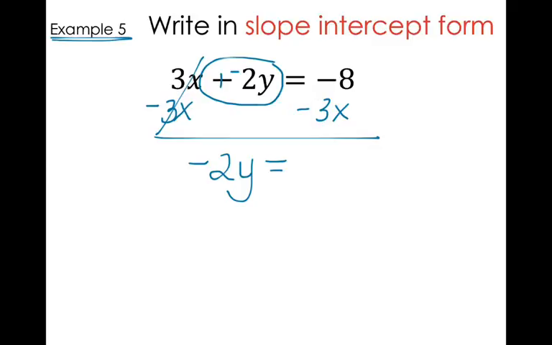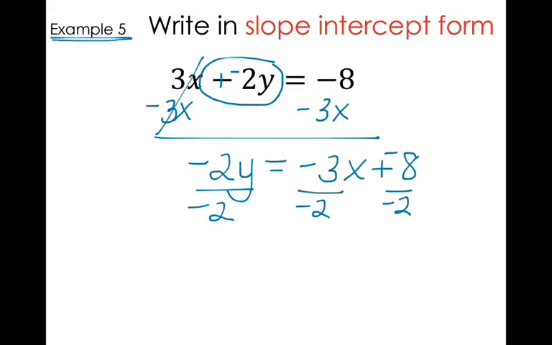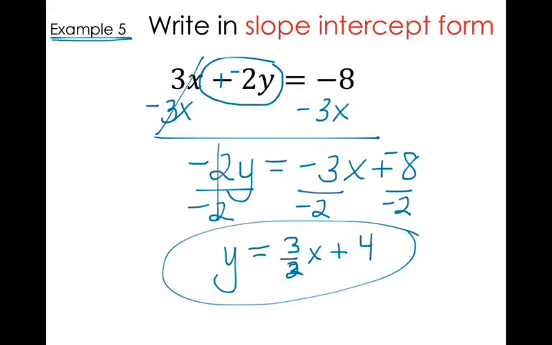If not, you've got to add the opposite. So I get negative 3x minus 8, or plus negative 8, however you want to look at that. Divide each term by negative 2. I end up with y equals, now a negative divided by negative is positive, 3/2 x plus positive 4. Remember, negative divided by negative always equals positive. And there's our answer.